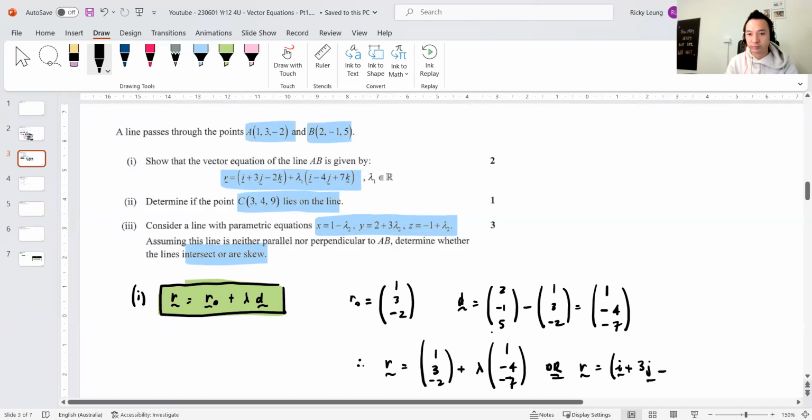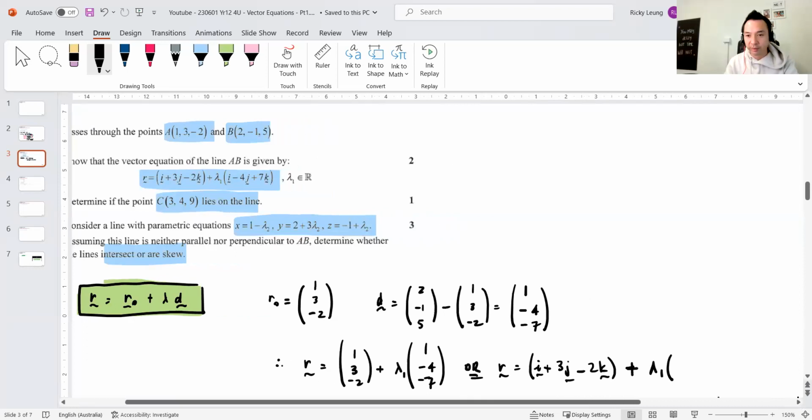Minus 2k plus lambda 1. They wanted the lambda 1 there for some reason. Well, I know the reason. There's another equation downstairs, but we'll get there in a sec. So guys, this one here: i minus 4j minus, did that wrong again. That's a plus. Man, my simple arithmetic's letting me down. Plus 7k. Okay, beautiful.